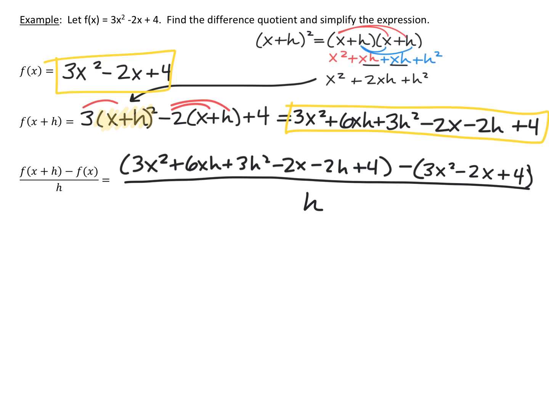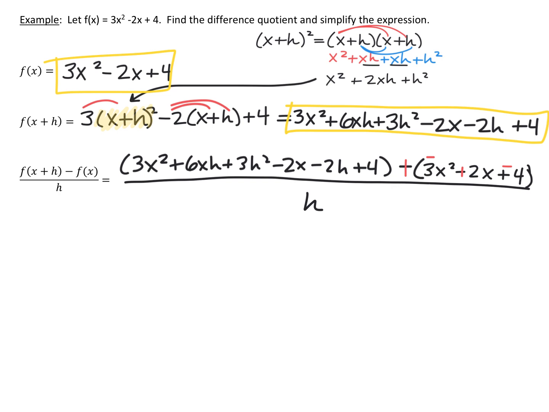All right. So now you're going to try and cancel some stuff out. You have subtraction over here, so all of these signs would change if you want to do that real quick. So this would become plus a negative, plus a negative. Because you're subtracting all of those, okay?